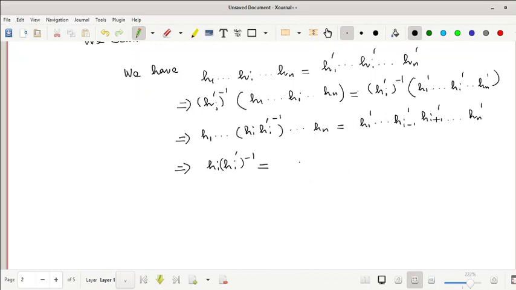I will get ultimately h1 inverse h1 prime into h2 inverse h2 prime, and this may be h1 prime hi.